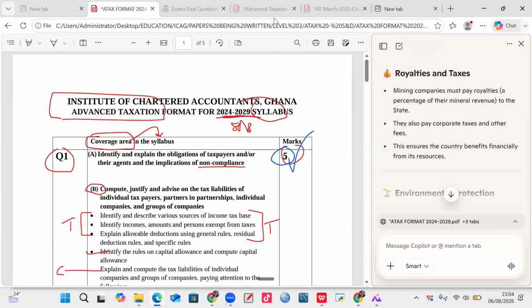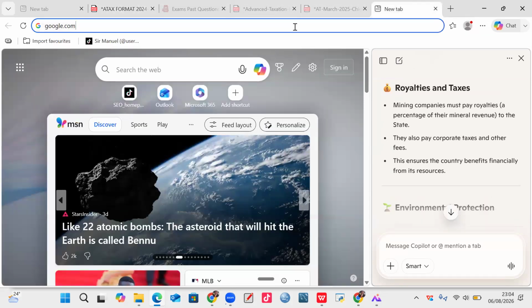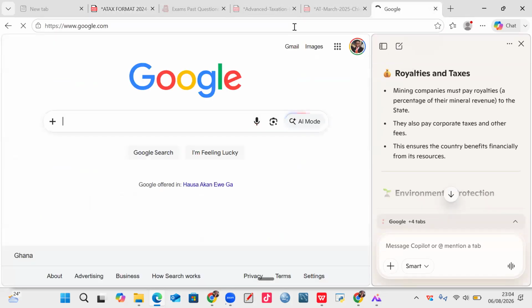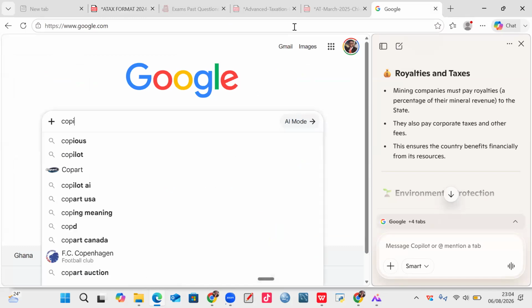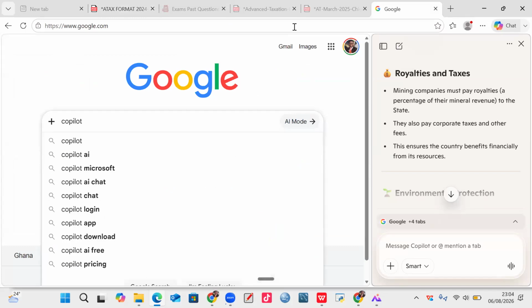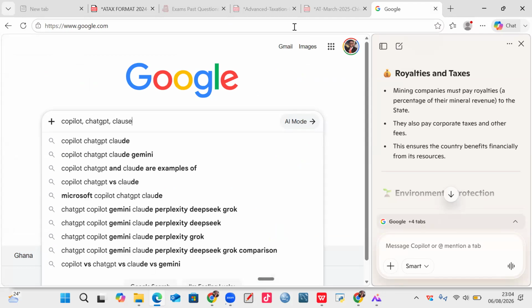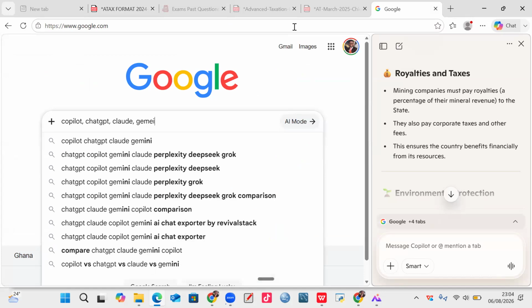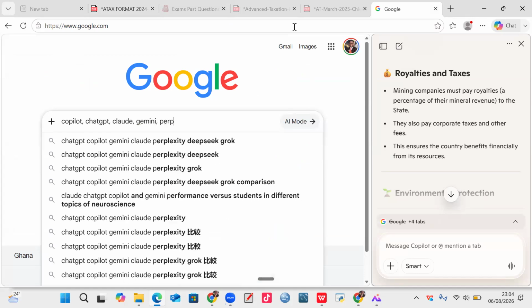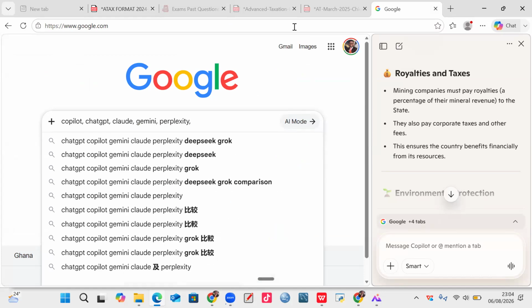So if you don't have it here, you can come to a new tab, go to google.com, and type Copilot. It's one of the AIs. There are so many AIs. We have Copilot, we have ChatGPT, we have Claude, we have Gemini, we have Perplexity. Perplexity is for research.